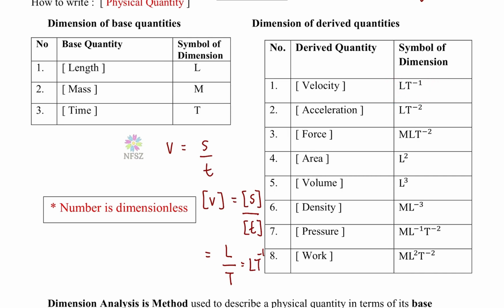So these are examples of derived quantities. Here it is stated that a number is dimensionless.